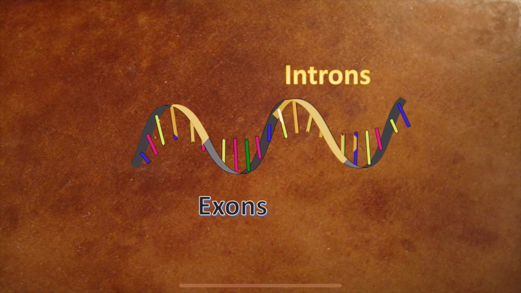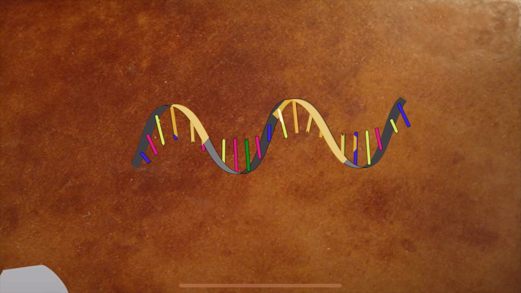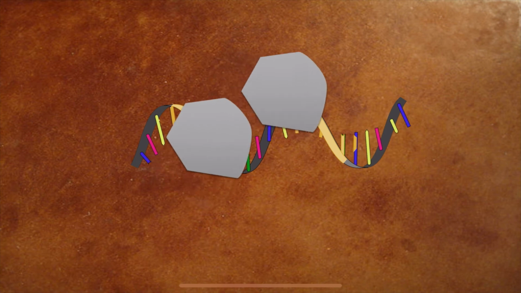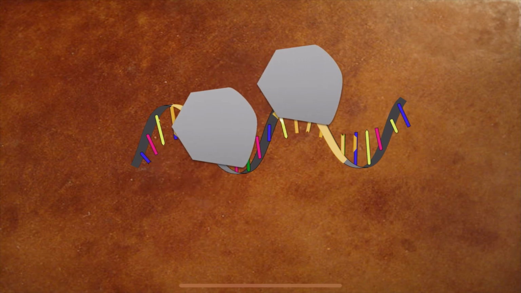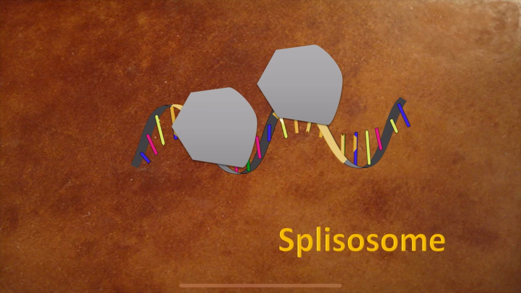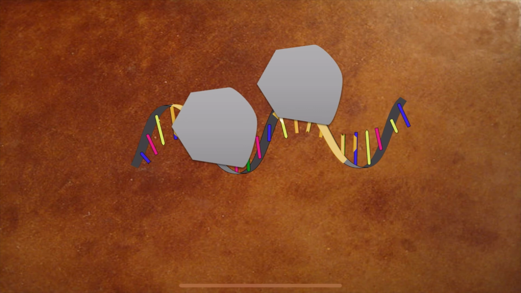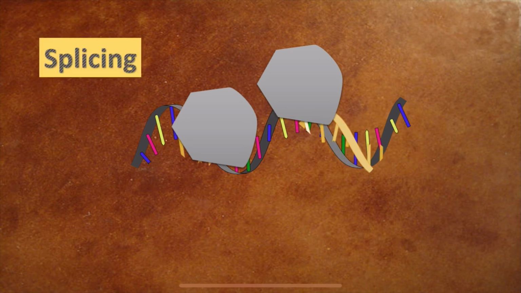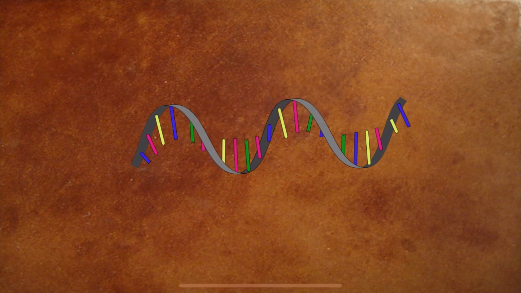So they need to be removed. In the last stage, another enzyme acts on the hnRNA and forms a complex structure known as the spliceosome. This will release the intron sites, and this process is called splicing. And here only exons will remain in the RNA, and our RNA will be free from the introns.